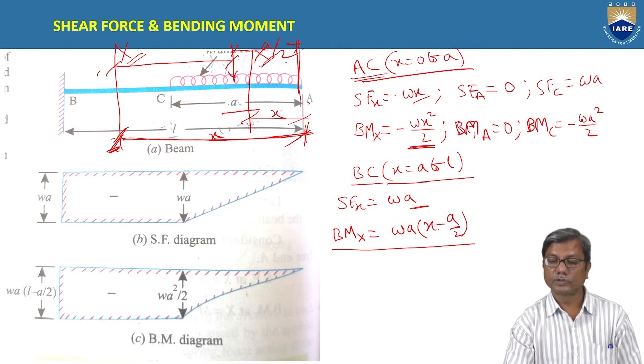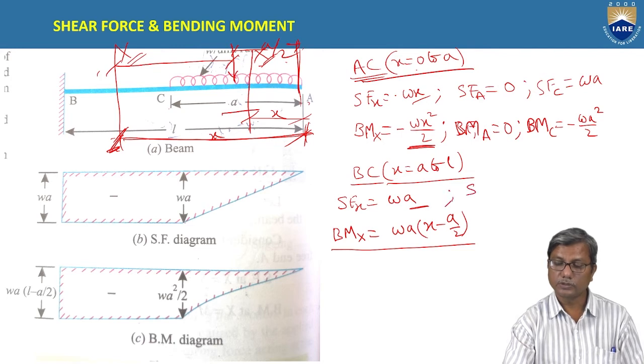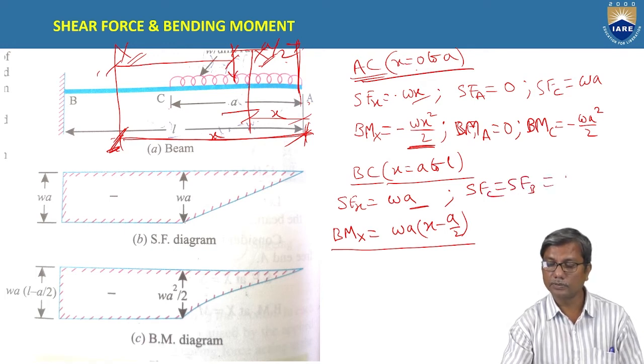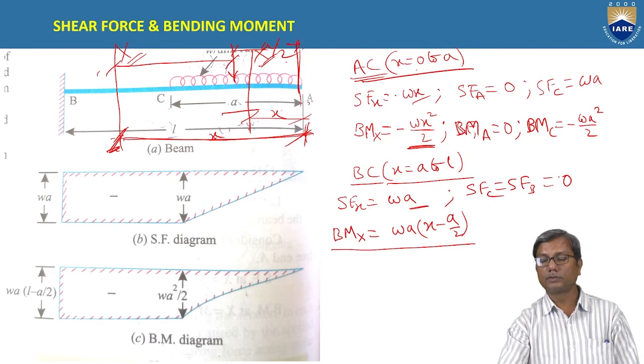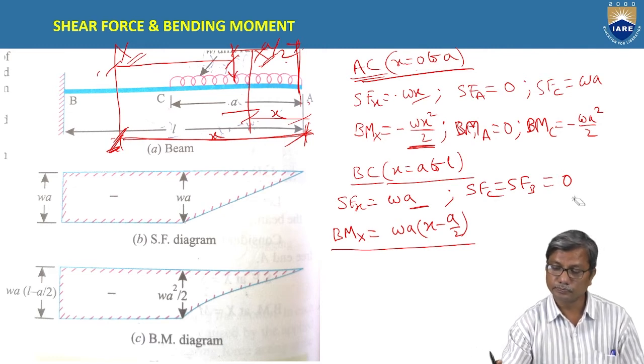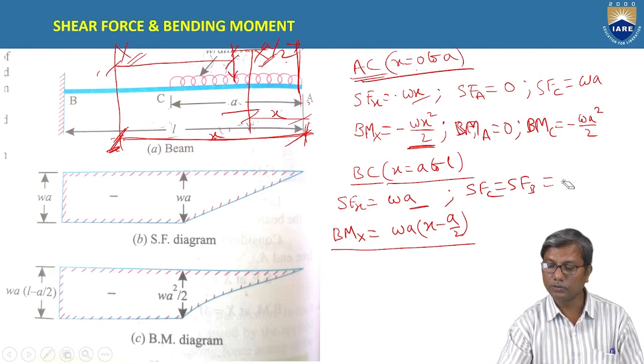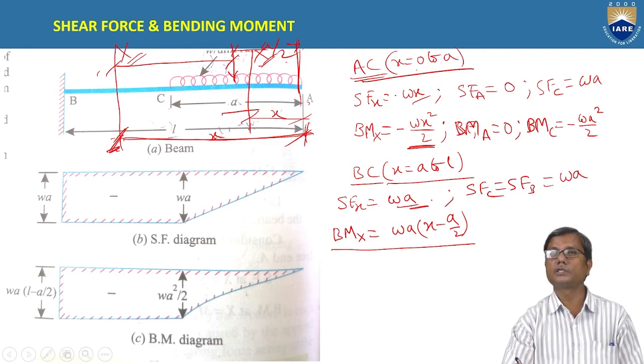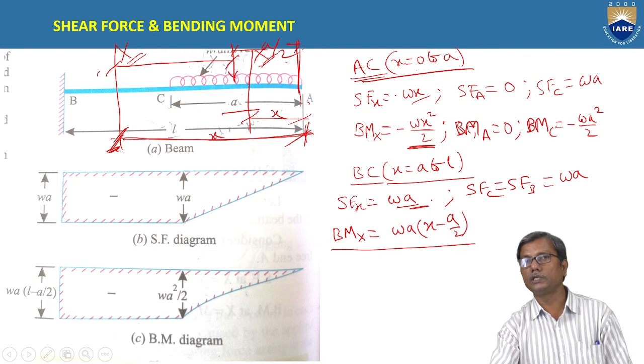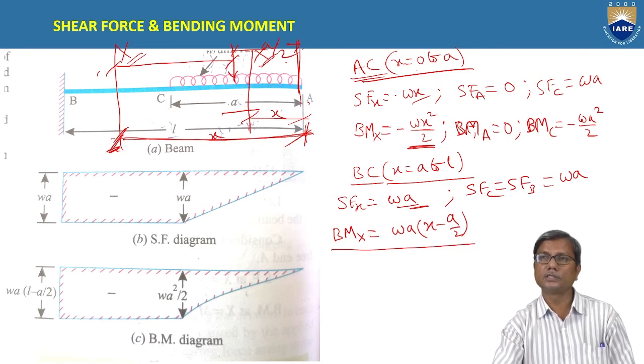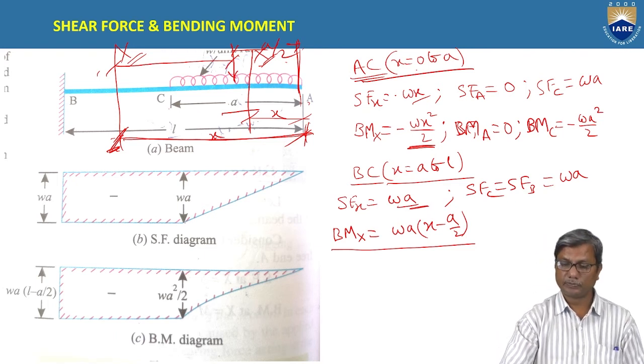So the shear force at C and the shear force at B are equal to WA, because there is no load between B and C, so the shear force remains constant.